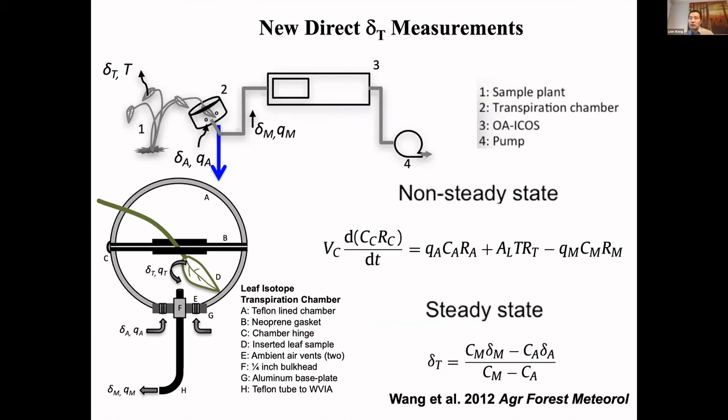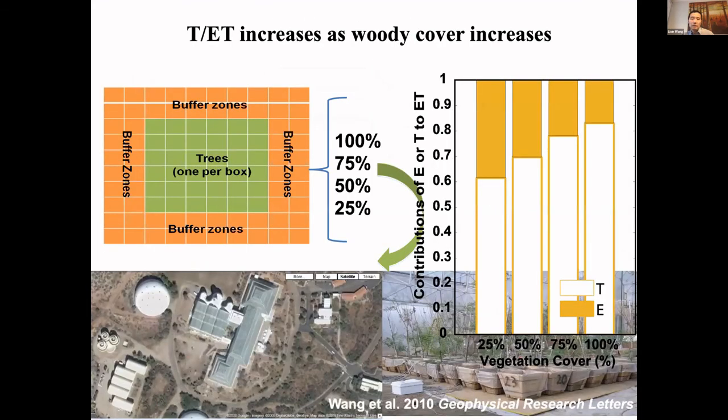You can do that on a very short time scale, in a matter of minutes. Building on this, we can then use isotopes to do ET partitioning in very different environmental settings. For example, we did this in Arizona in a greenhouse, where we can change woody cover and look at the changes of ET partitioning.